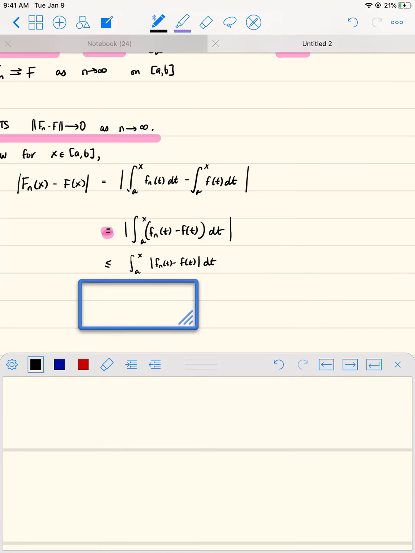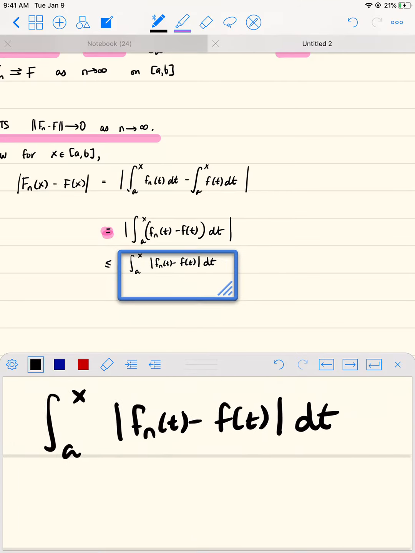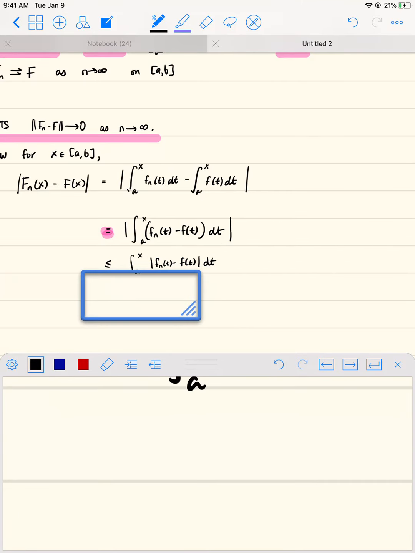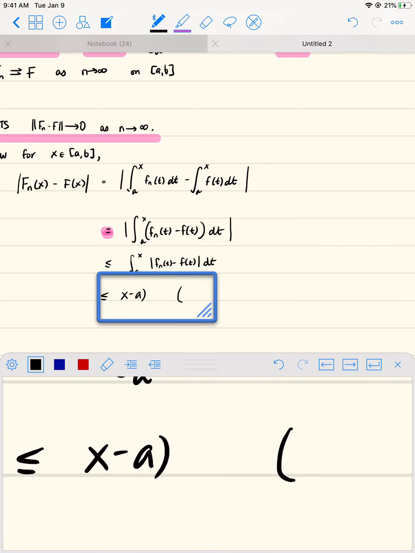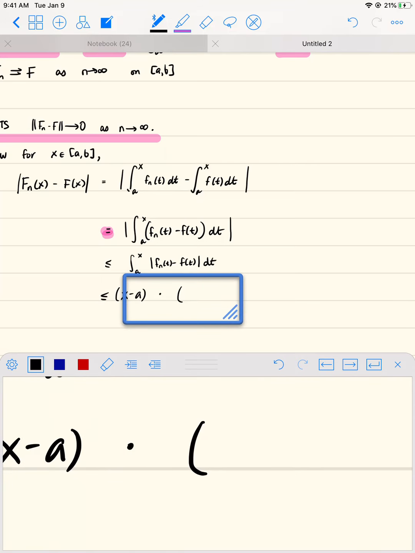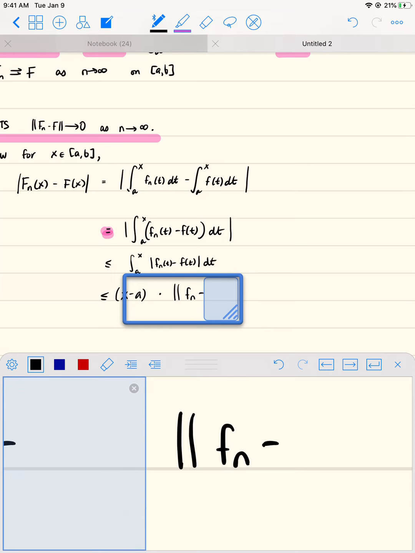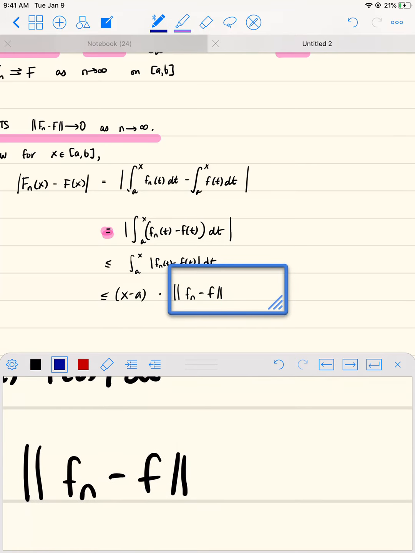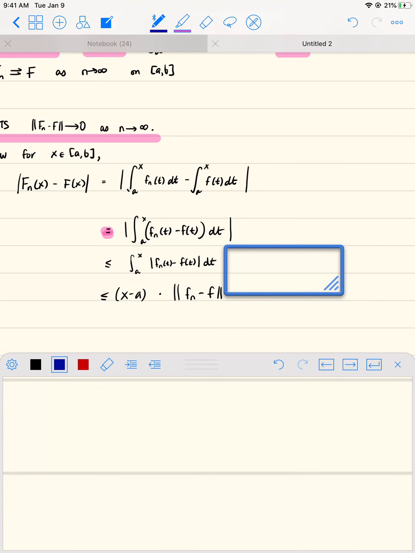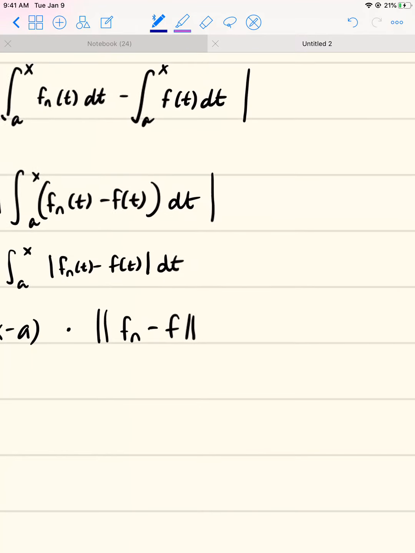Next thing we're going to do is we're going to note that this is less than or equal to x minus a times the sup norm of fn minus f. Now, how do we get that? Well, just remember this sup norm.